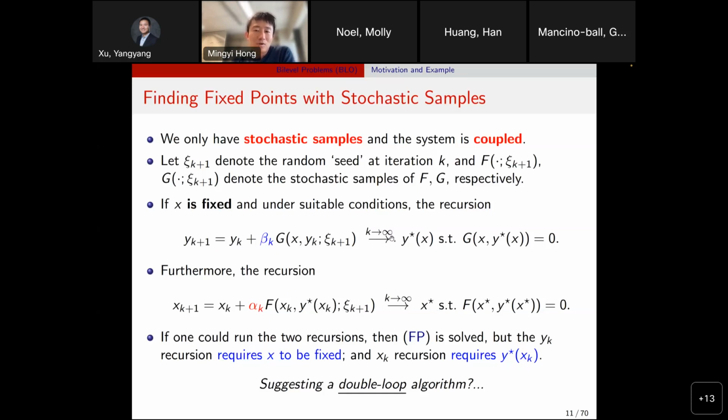So obviously there are some issues with this classical strategy, and we call this kind of strategy a double loop algorithm. You have one loop that tries to optimize the upper level objective or equation, and then that solution depends on the solution for the other one.